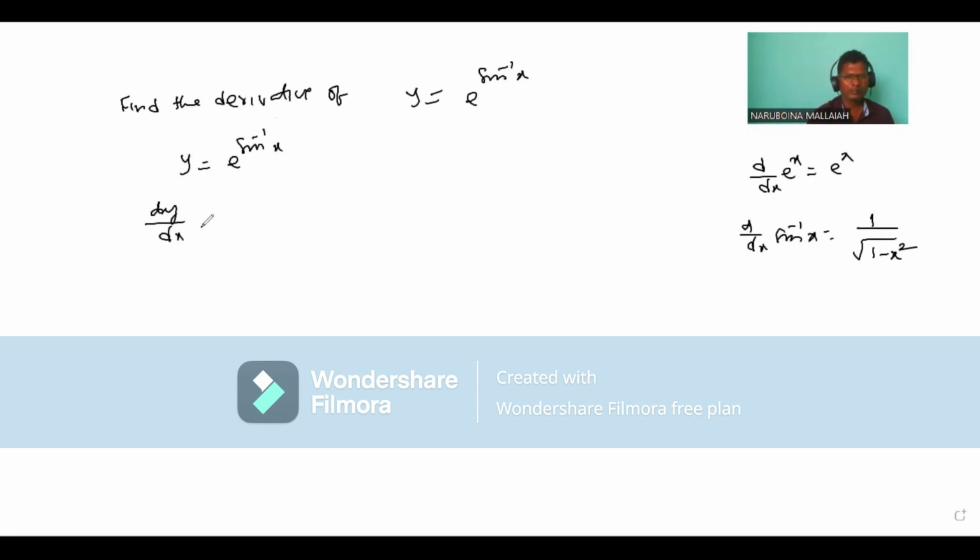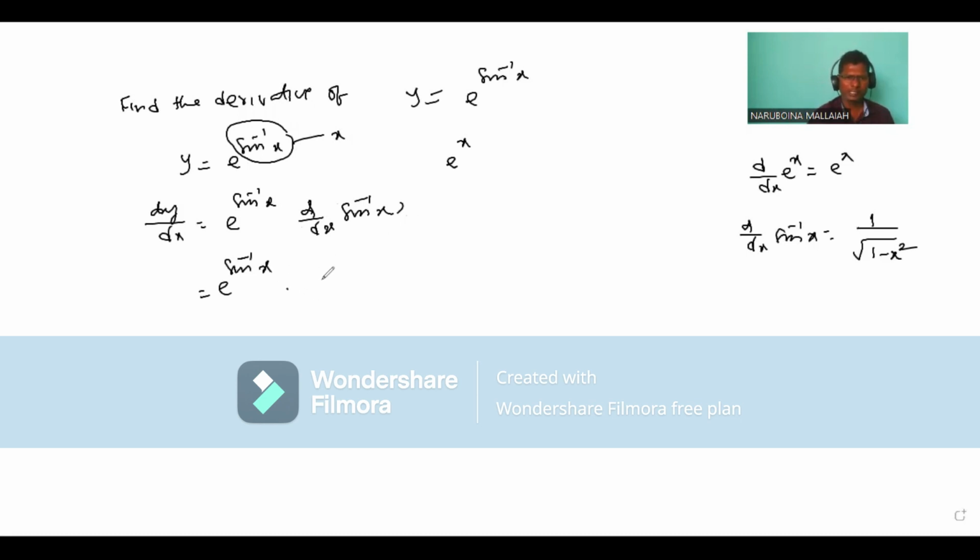That is equal to, now treat this sine inverse x as x. So this becomes like e power x. Derivative of e power x is e power x. So I am writing e power, in the place of x, write this sine inverse x. Again, you have to differentiate this sine inverse x.